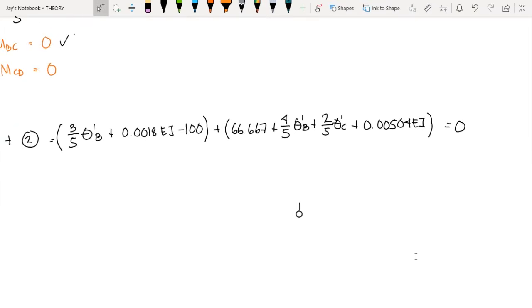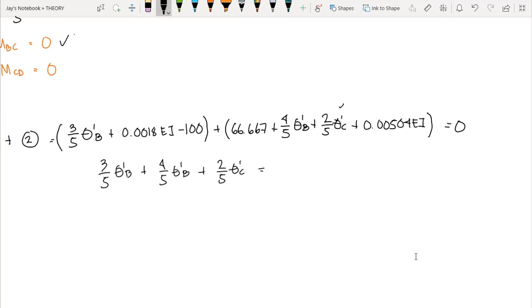By further simplifying, we have 3 over 5 theta prime B plus 4 over 5 theta prime B plus 2 over 5 theta prime C. Then we can move all the constants to the right side of the equation.